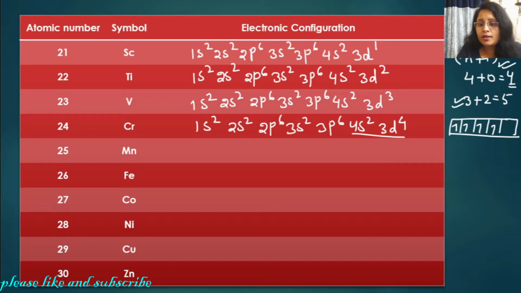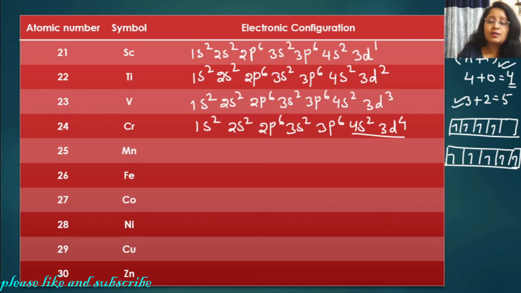So if it has one more electron here, this condition will be 1, 2, 3, 4 and 5. If this condition happens, this is called a completely half filled orbital, and this is as stable as a fully filled orbital.